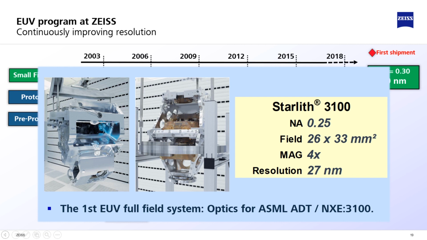Therefore, a general target of a flare of below 8% was set. The 3100 generation was shipped to chipmakers and research organizations with flare values below 6%, clearly below the original flare target. A reduction of flare by a factor of 3 was therefore achieved within the years from 2004 to 2008.